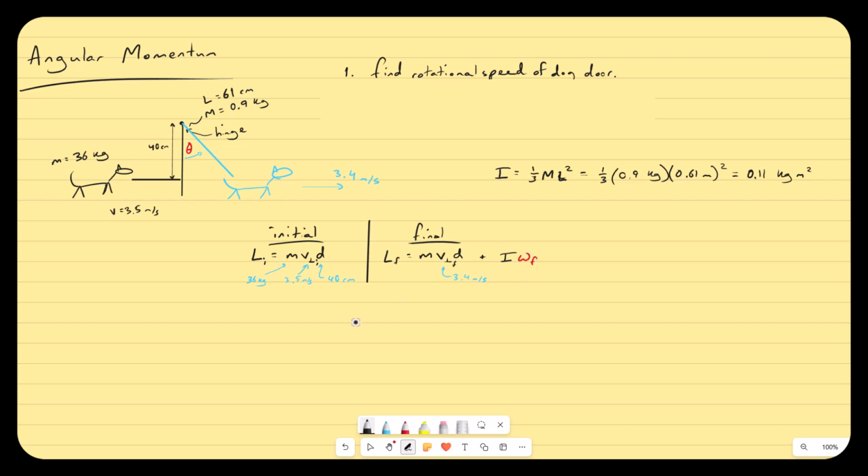We're looking for this omega final, so let's plug these in. m v perpendicular d, that's v perpendicular initial, equals m v perpendicular d, that's final, plus I times omega final.